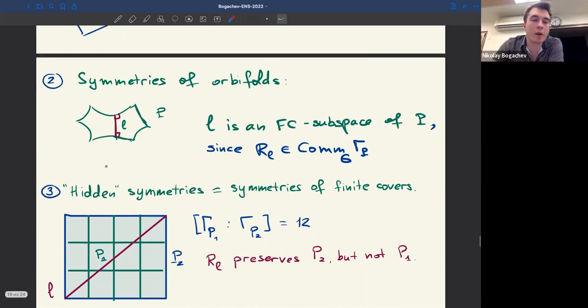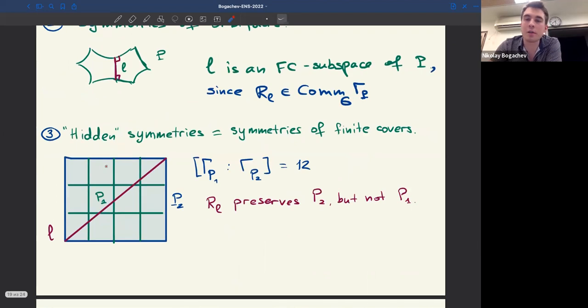And also there are hidden symmetries, which are symmetries of some finite covers. I tried to illustrate this definition of hidden symmetry by this picture. We can have a geodesic line, which is not a symmetry of a particular fundamental domain here, which is a square, but it will be a symmetry of a finite cover.